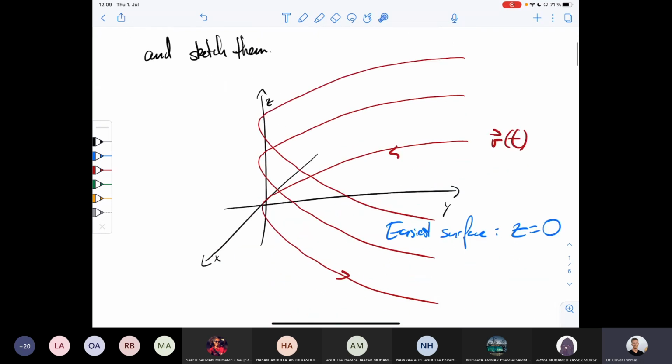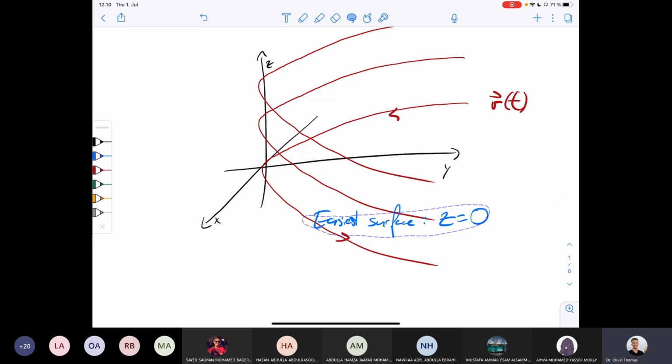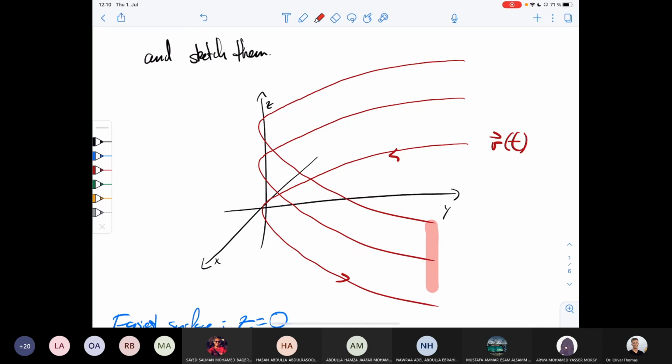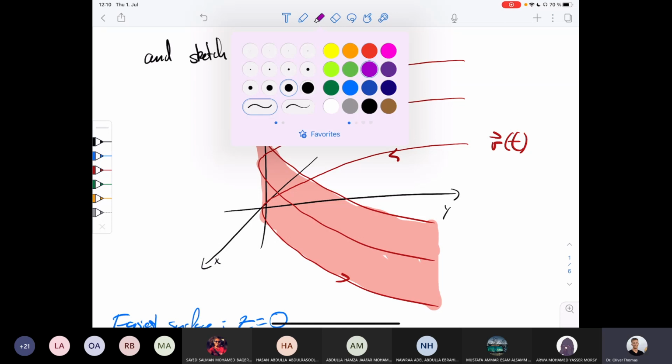We already have one. We should move this away. And now we take a look at the other one. Well, let's first sketch it. This would be pretty much the outside of our surface, and then looking inward.